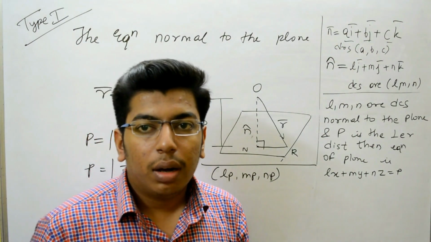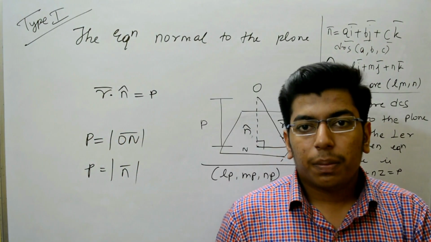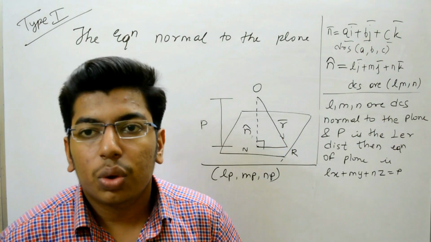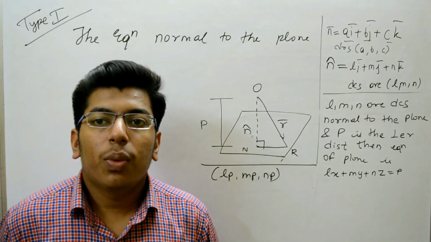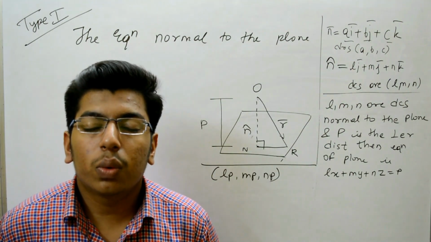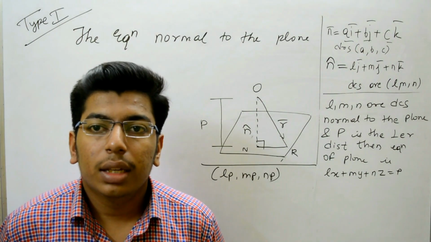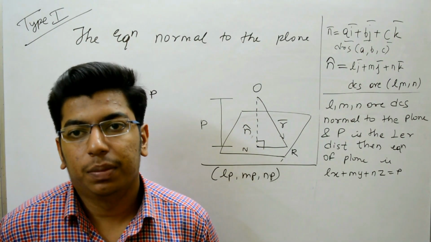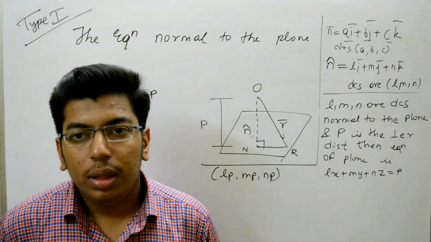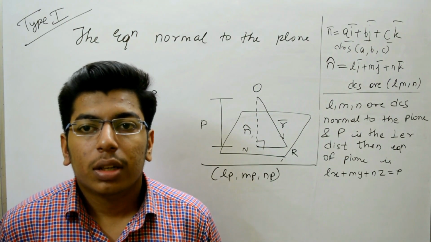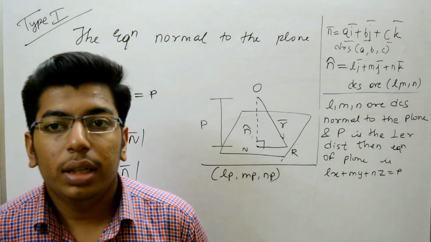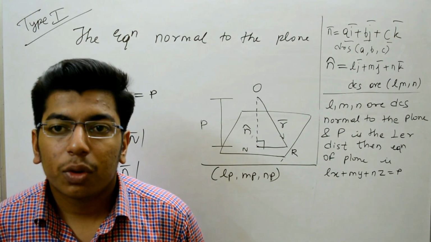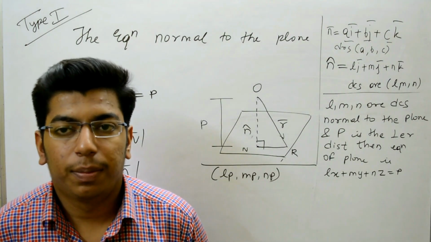So now what about the fourth remark? Note it down. If ax plus by plus cz equal to d is the equation of the plane, then the direction ratios of that plane are a, b, c.